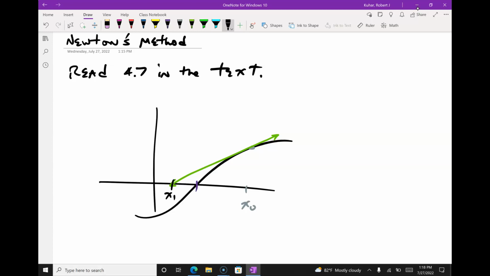So x initial is the first guess, right? And then x sub 1, and we take a guess at what the zero is, right? We go up to the curve, draw the tangent line, where the tangent line hits is our next guess, and we rinse and repeat.